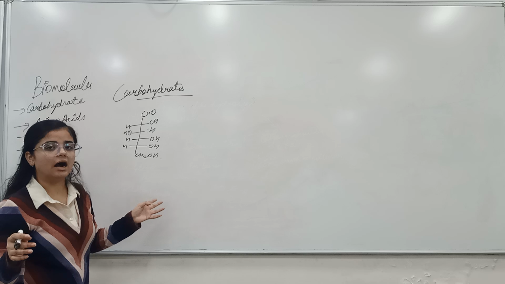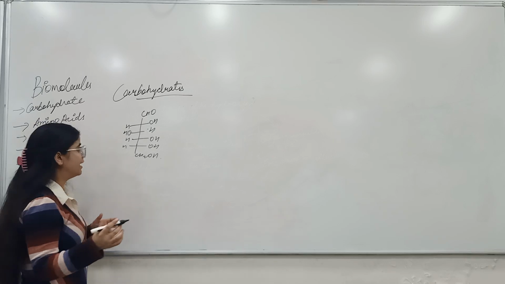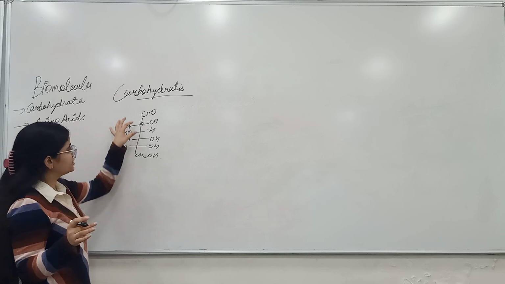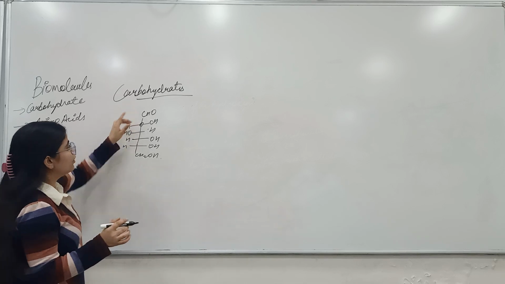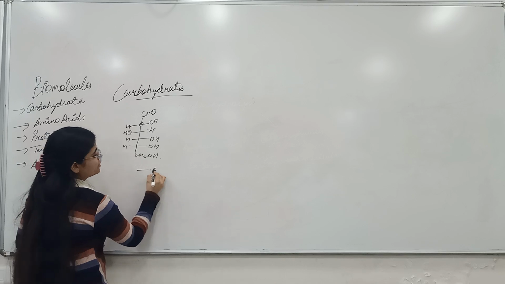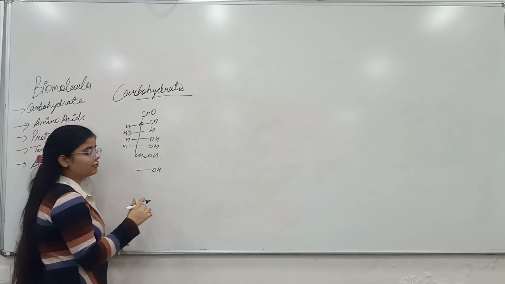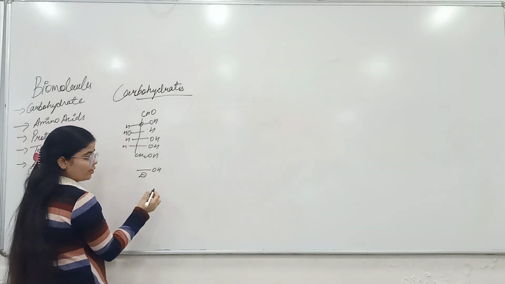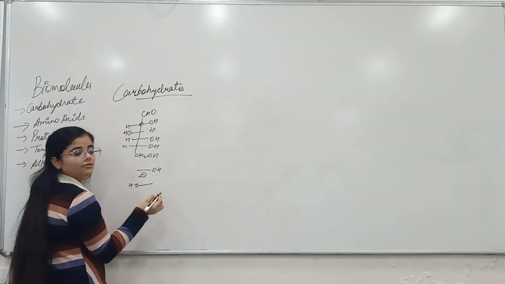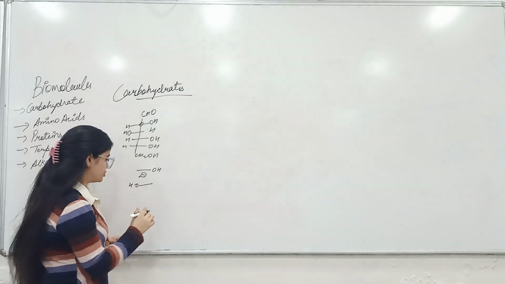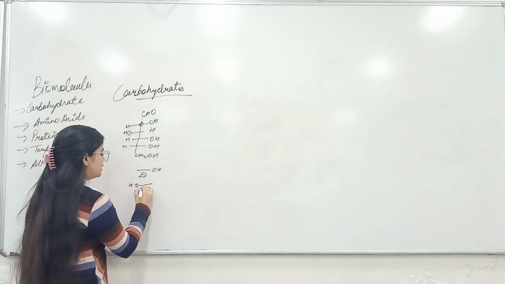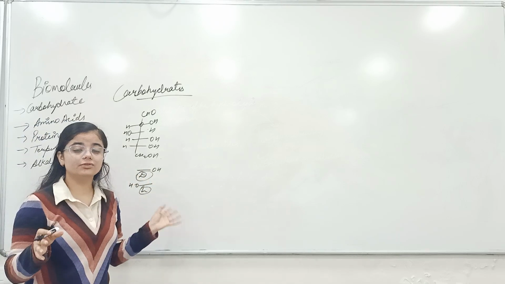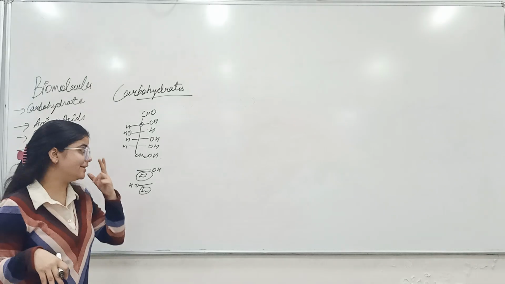So let us discuss how we give the notations D and L. If at C2 carbon, at this asymmetric center, the OH is present on the right side, then we give the configuration as D, that is dextrorotatory. If the OH is present on the left side, then we give the notation as L, that is levorotatory. And these show the optical activity, how they rotate the plane polarized light.